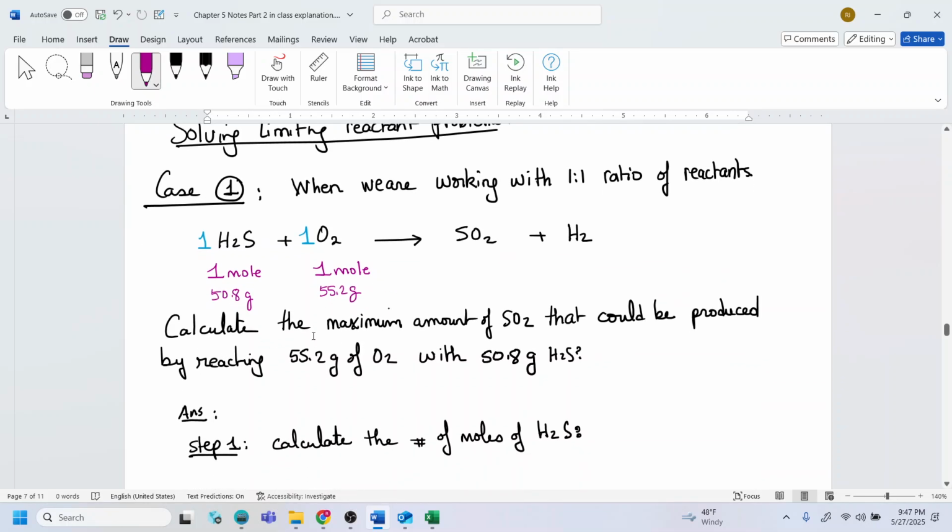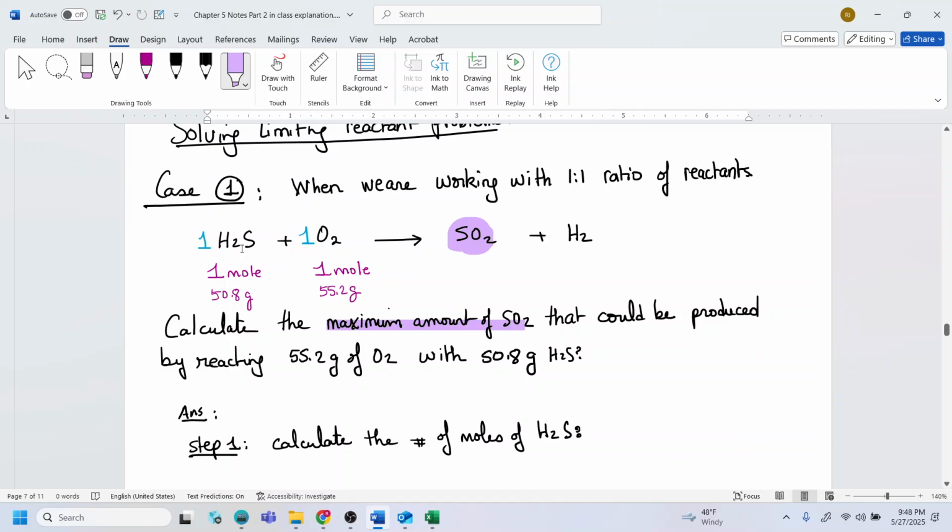The question over here is: calculate the maximum amount of sulfur dioxide. So, what is sulfur dioxide? Sulfur dioxide is the product. So, I want to know how much product. I want the amount of the sulfur dioxide that could be produced by reacting 55.2 grams of oxygen with 50.8 grams of H2S.